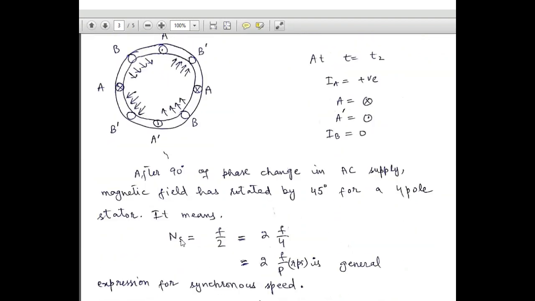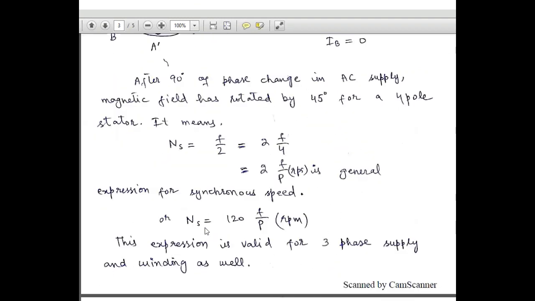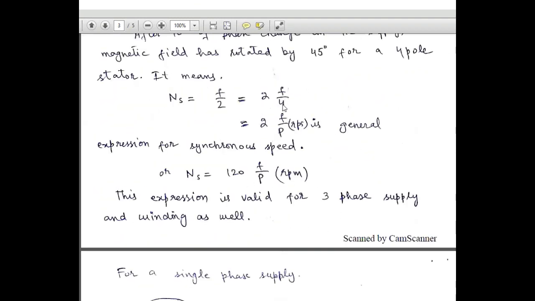So it means in this case ns is equal to f by 2, and again we have to multiply this expression on the right side with 2. We have to multiply and divide it by 2, so it will become 2f over 4. Now if we compare this expression, 2f by 4, with 2f by 2, and if we remember, in that case we had number of poles equal to 2, and in this case we have number of poles equal to 4.